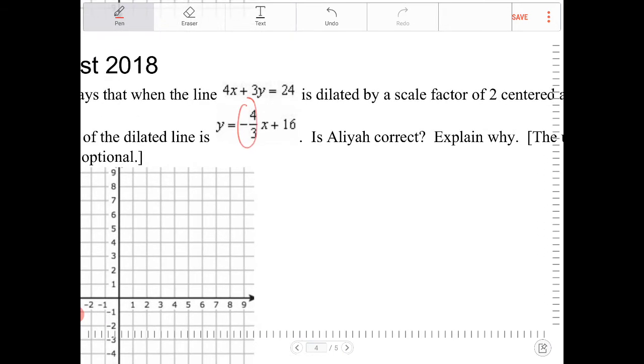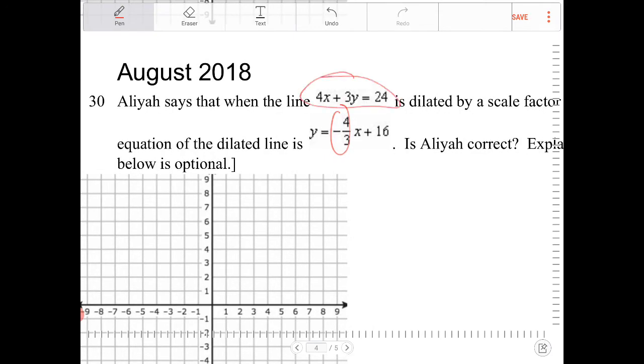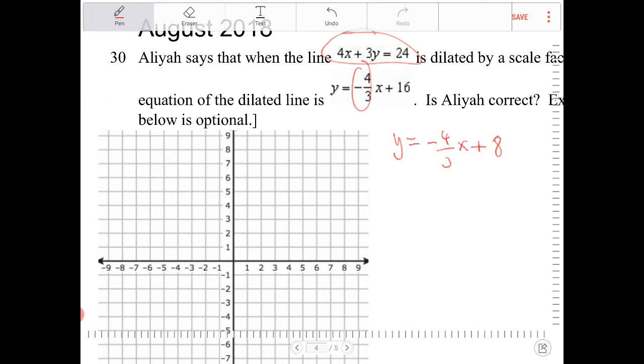The center of dilation is located at (3, 4). I'm going to plot out this equation here. So y is equal to negative 4/3 x plus 8. If I plot this out, that's at 8. I'm going to go down 4, 1, 2, 3, 4, and over 3.